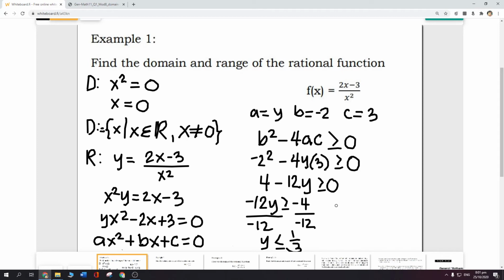Therefore, we can have our range as y such that y is an element of real numbers wherein y is less than or equal to one third.